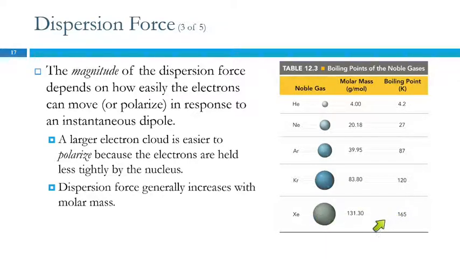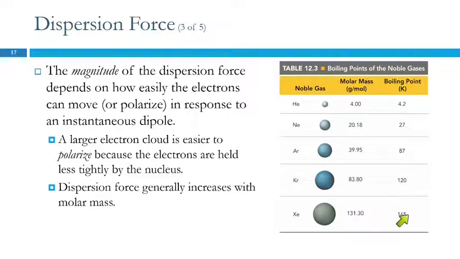And so what we see here is as the molar mass of these atoms increases, the boiling point also increases. And the boiling point gives us a measure of the intermolecular force because helium will boil at 4.2 Kelvin, which is just a smidge above absolute zero. It's really hard to make liquid helium. And as we see larger and larger atoms in this family, we see the boiling point goes up.